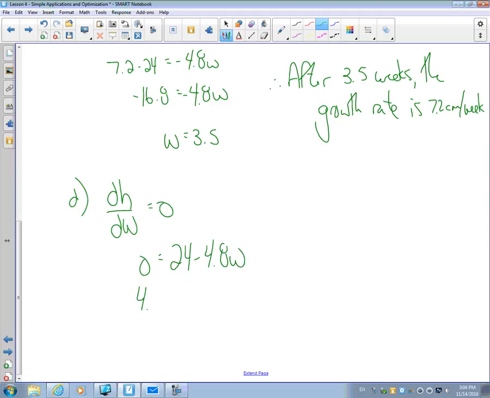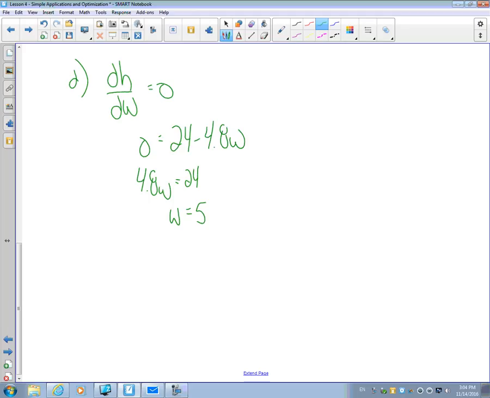Put our numbers on one side, variables on the other, divide both sides by 4.8, and we get 5. So after 5 weeks, it's reached its maximum height. And max after 5 weeks. That's when I reach the maximum, right?